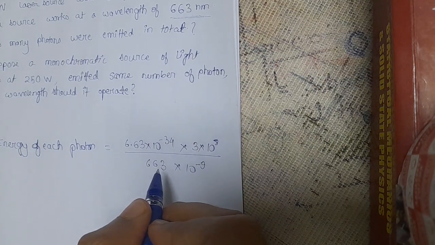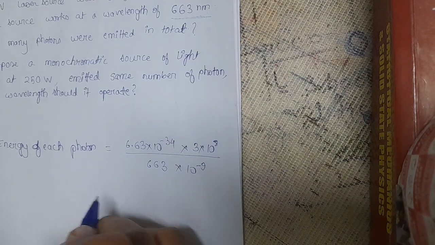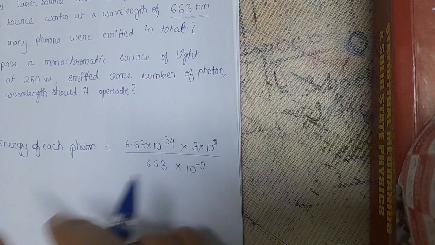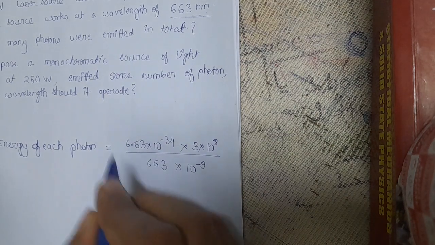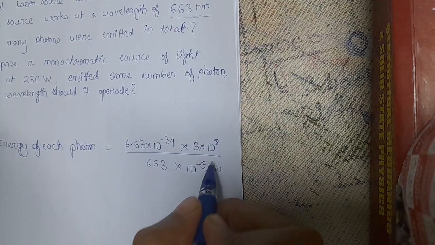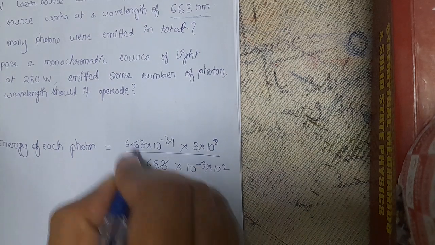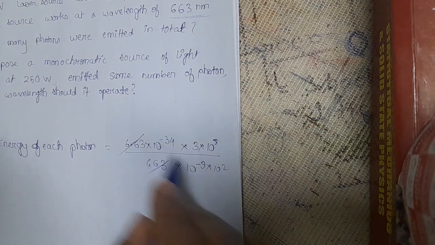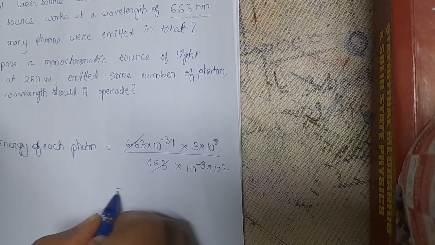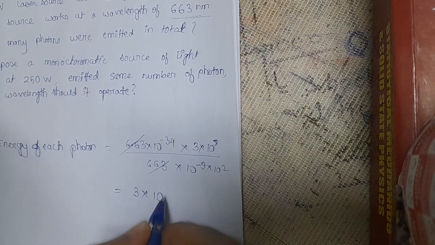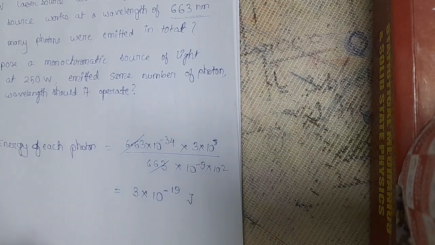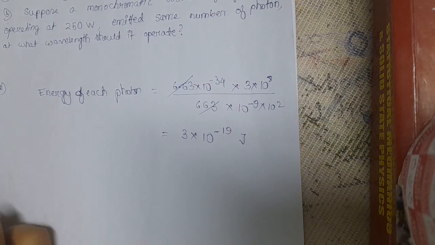You should remember the order of magnitude of nanometer, even that of gigahertz and all, for it may come. So cancelling, it will become 10 to the power minus 17 minus 2, so it will be 3 into 10 to the power minus 19 joule. This is the energy of each photon.